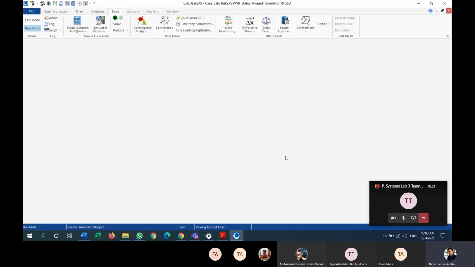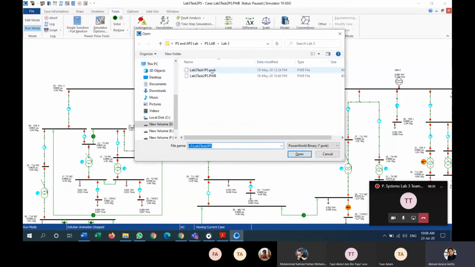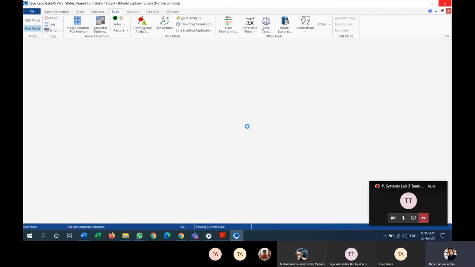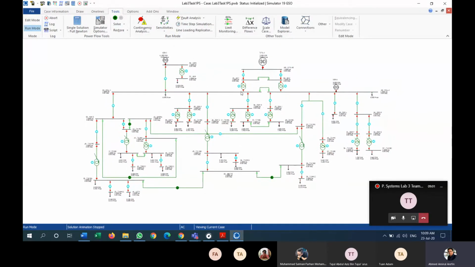I am now opening task 1. This is the lab 3 task 1 file.